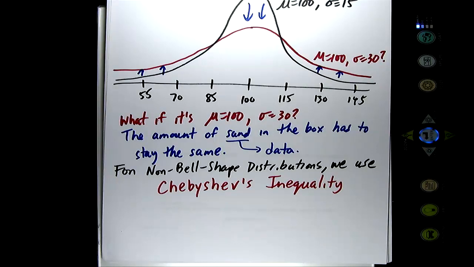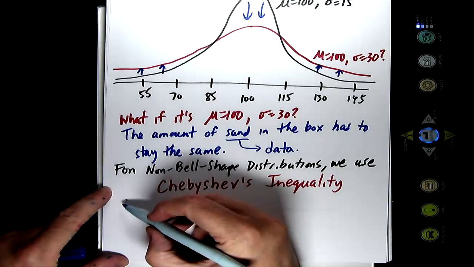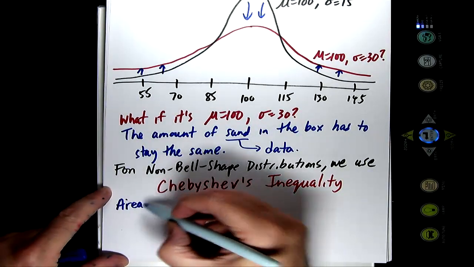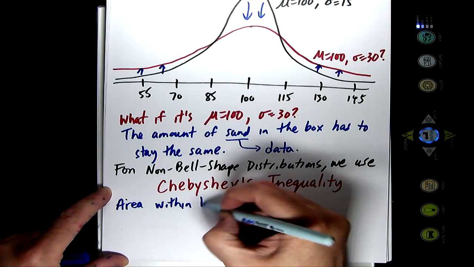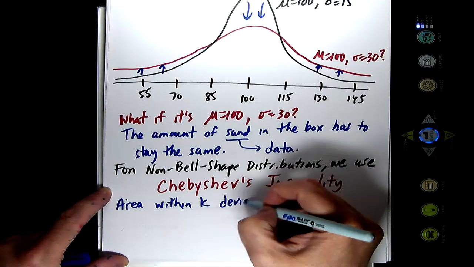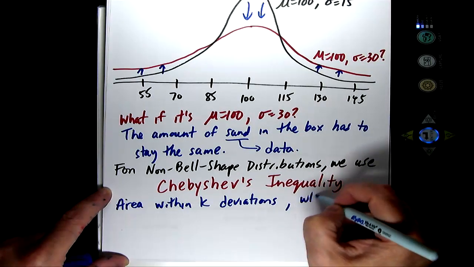So Chebyshev's inequality looks at the area within K deviations, where K is a number greater than 1.